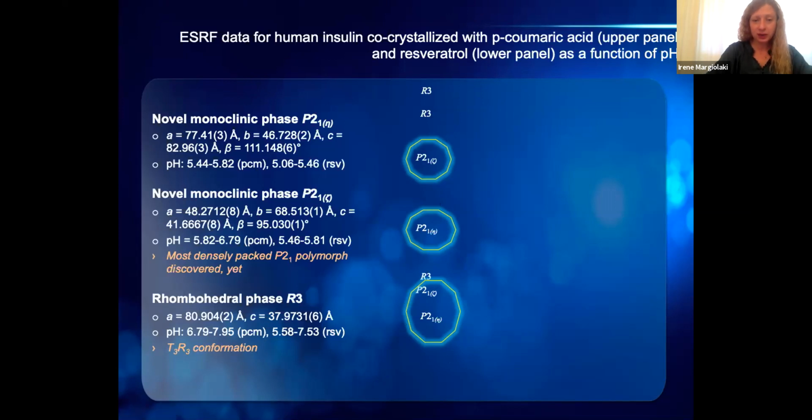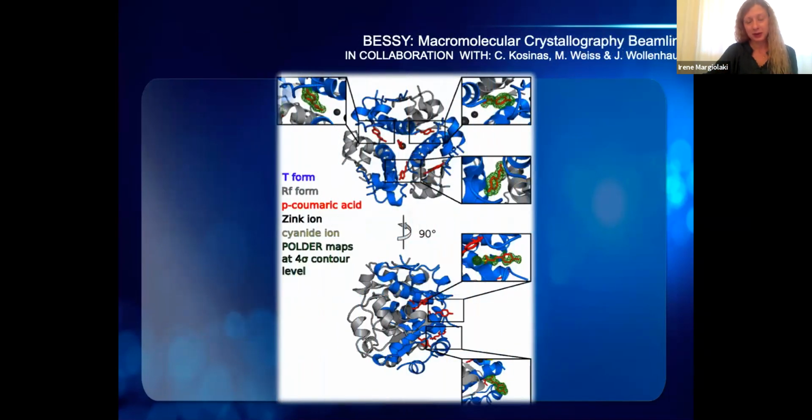Now, the interesting thing is that the P21 zeta and P21 eta were new forms, and especially P21 zeta is very interesting as a drug target because the unit cell contains many insulin molecules, very closely packed, and this could, if it is used as a drug, reduce the number of injections to a patient. That's the interesting thing about that.